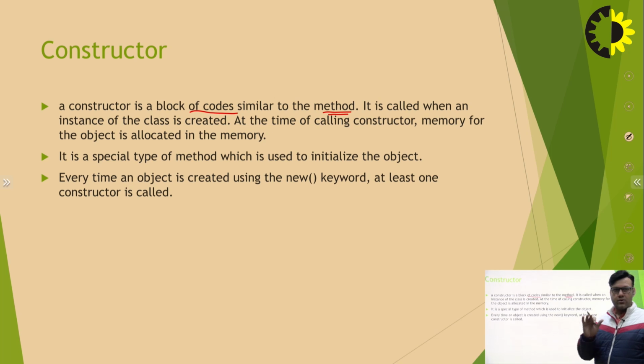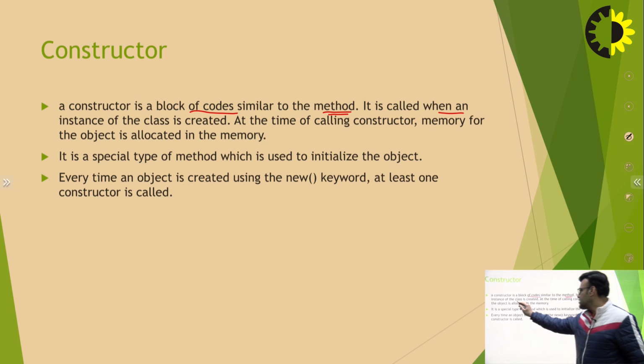Whenever we are going to create an instance of a class, there is at least one method that is called, and that is the constructor. It is called when an instance of a class is created.